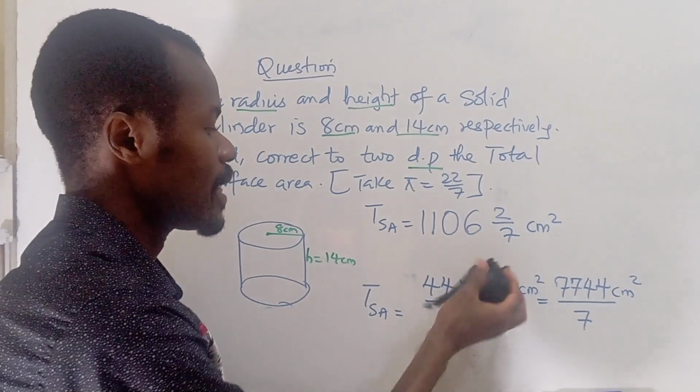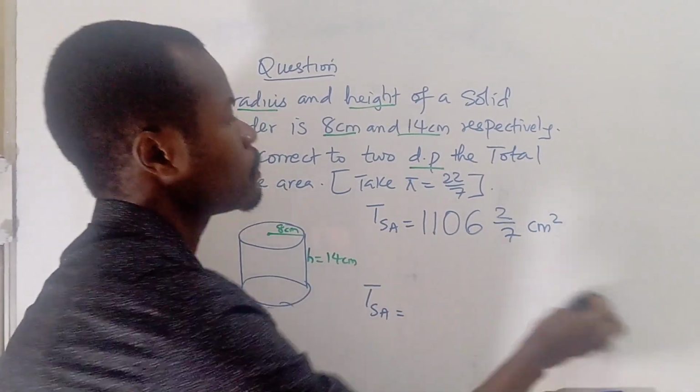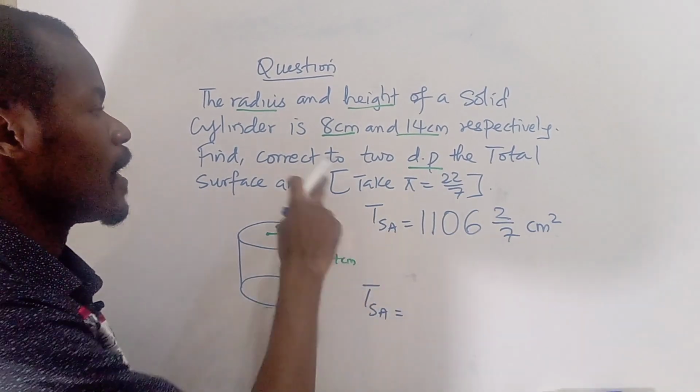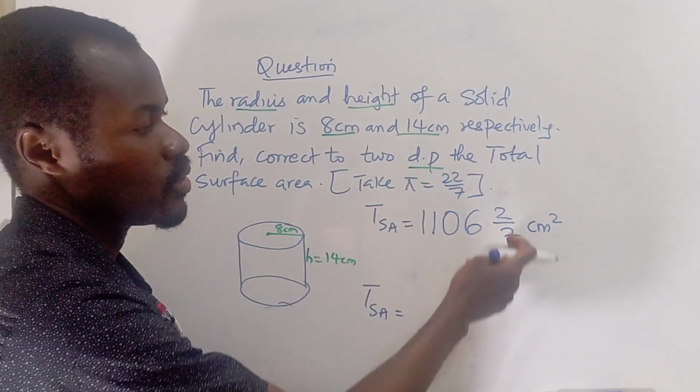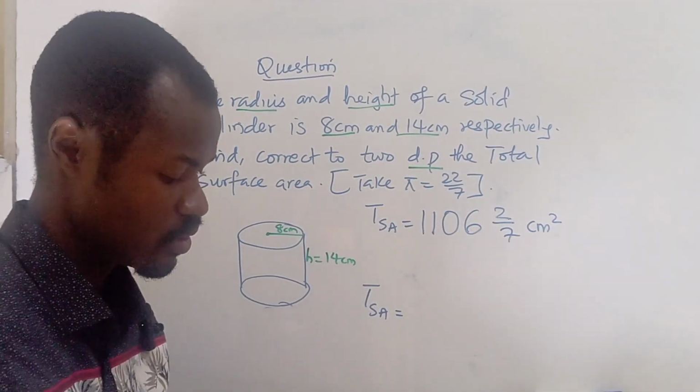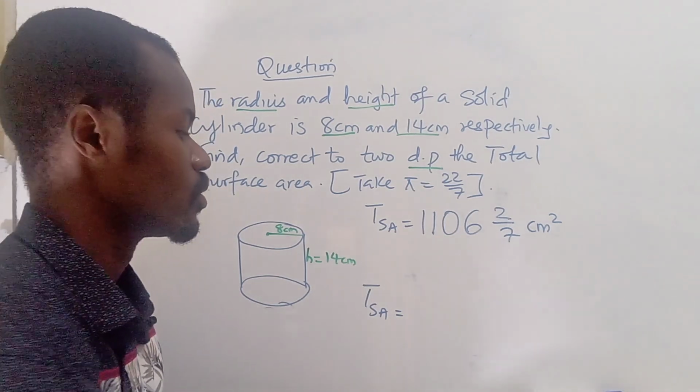Well, the question says that we should correct our answer to 2 decimal places. So we are not going to leave this in fraction. We are going to convert it.